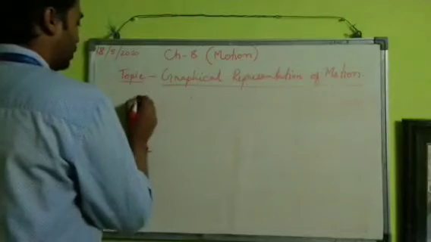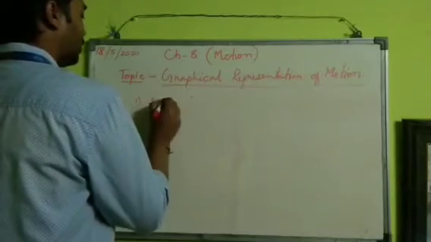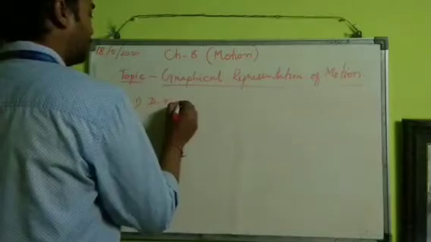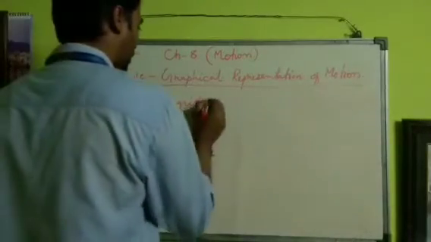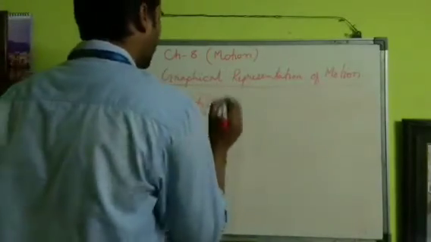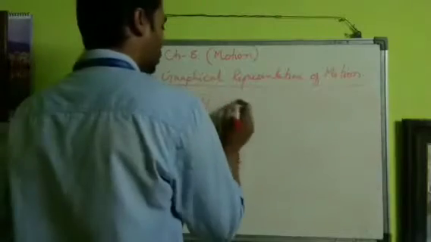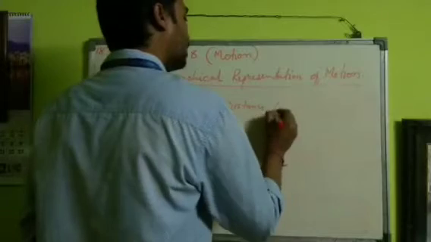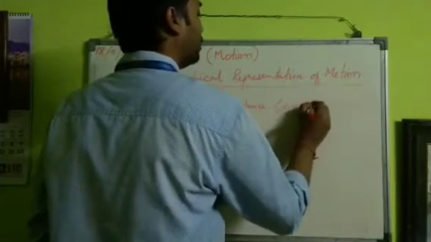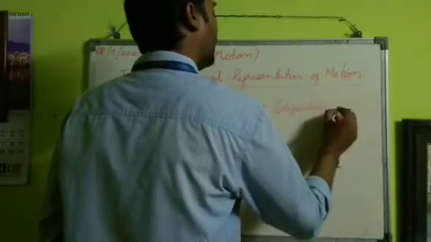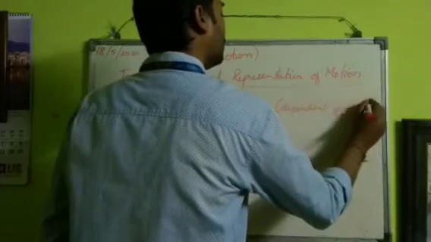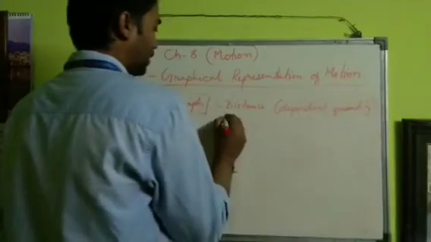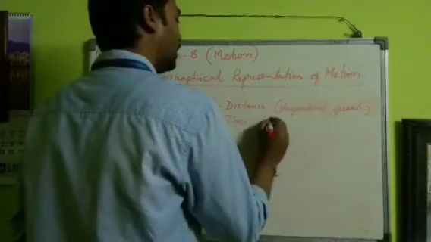So number one, distance time graph or DT graph. Now for distance time graph, we should know one thing: distance is a dependent quantity, whereas time is what?